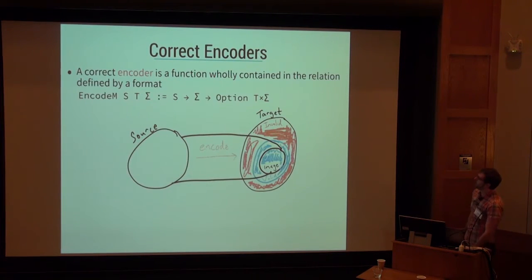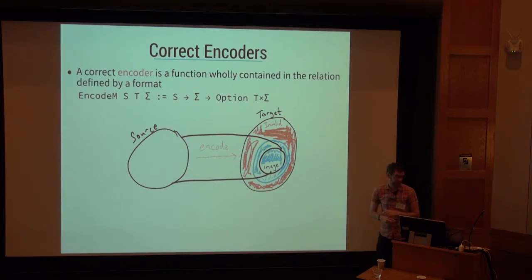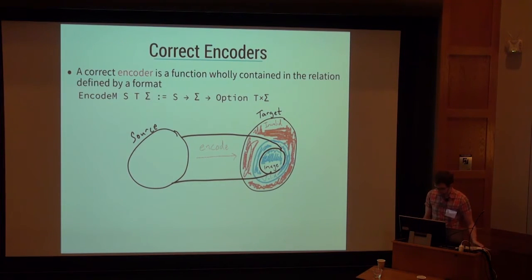And indeed, there is an extra step in Narcissus. We actually provide a way to synthesize an encoder from a format specification. And what is an encoder? Well, we define it using this type alias, and it's just a function from source value and starting state to an option type that includes a target value and an ending state.